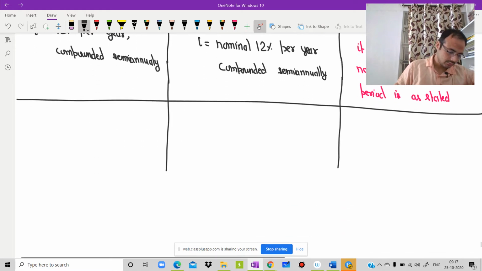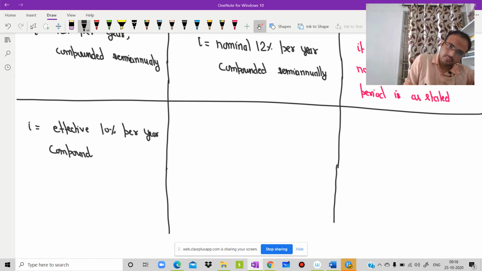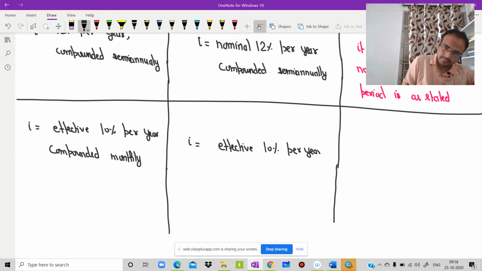Now next point. Now suppose you have one more concept I am going to tell you. I is equal to, suppose, effective 10% per year, compounded monthly. Then here also I is equal to effective 10% per year, compounded monthly.